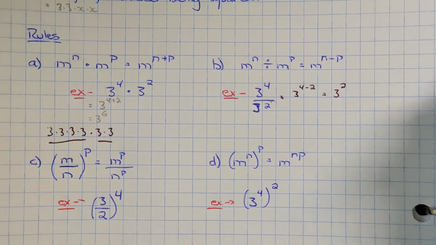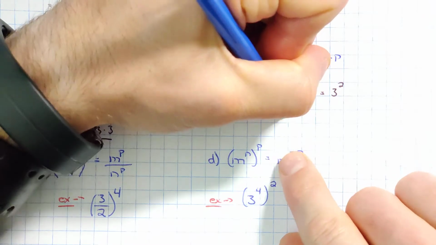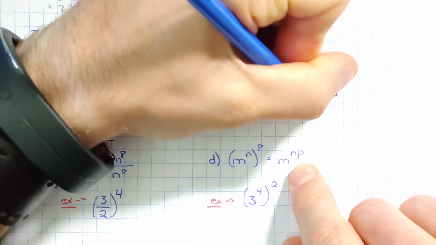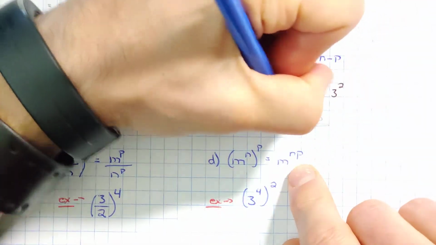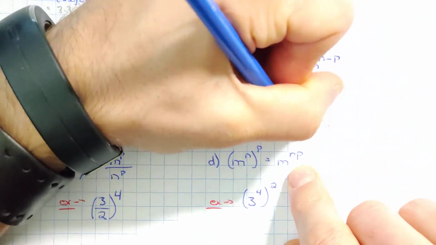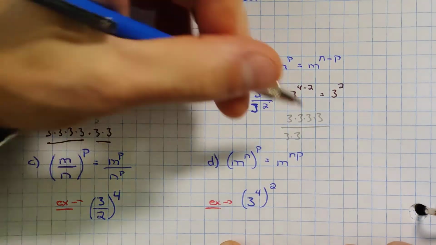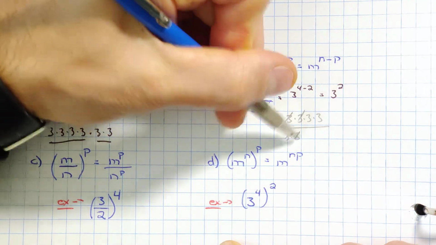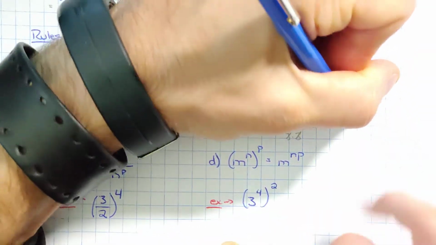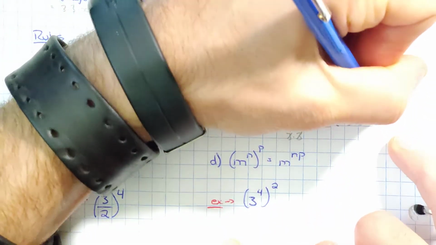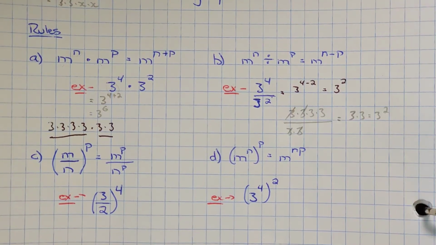And again, this is 3 times 3 times 3 times 3 over 3 times 3. So what ends up happening is that we can cancel a couple of these 3's, and we're just left with 3 times 3, or 3 squared. Again, that's why that happens.